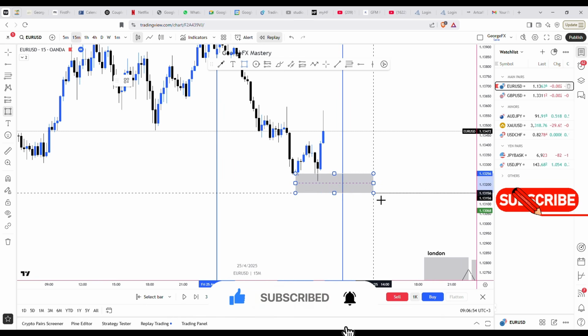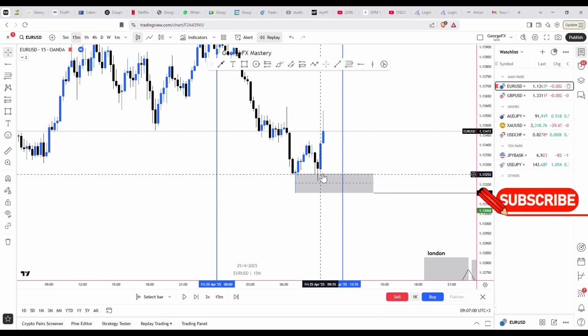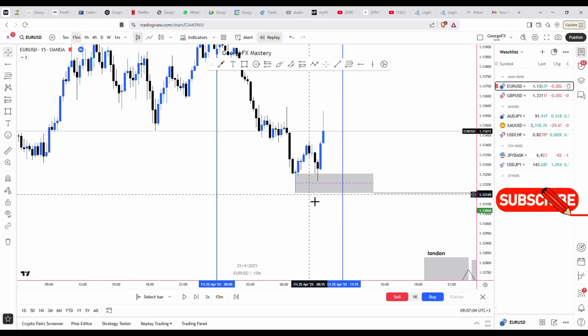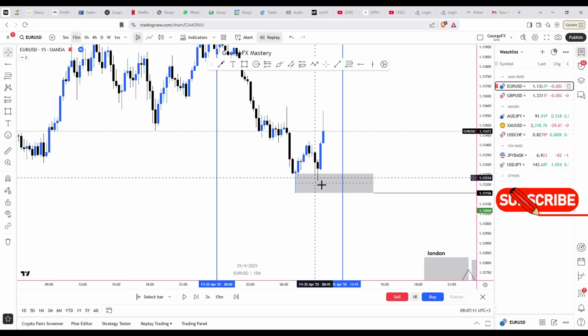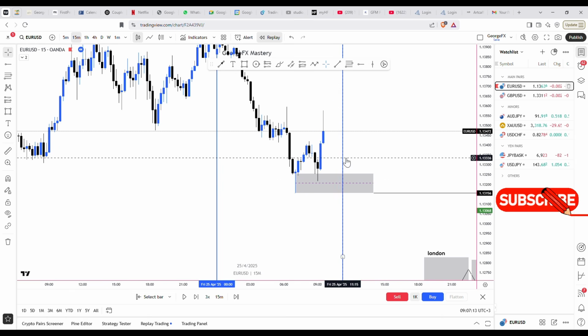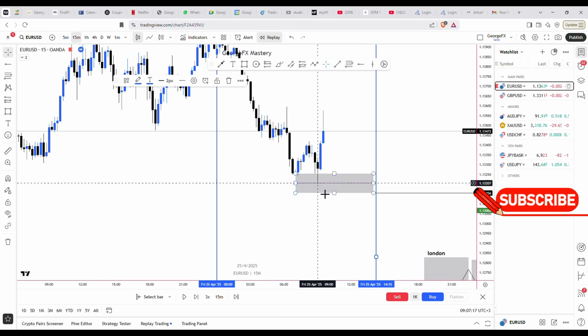When you're having this long lower wick, you cannot expect price to get to this particular point. You'll wait for just once price gets inside of the liquidity pool, then you'll say the Asian liquidity has been swept. Remember this is a sweep at exactly 9, so price has already grabbed the liquidity.